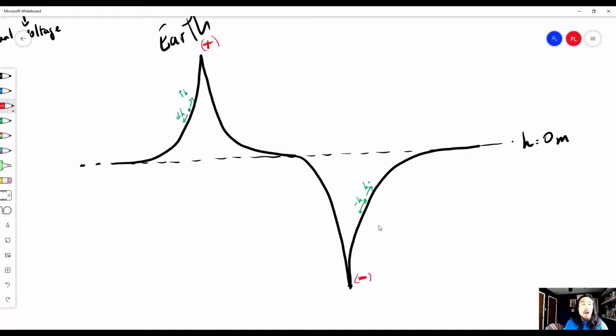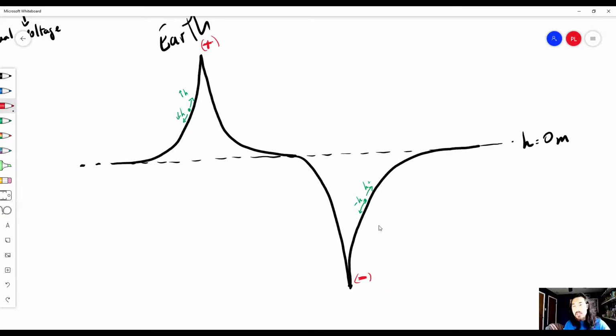And the change in the height will be the change in the voltage. So if we go up towards the peak, we will be going towards a positive charge, and that will be an increase in positive voltage. But if we were to go down into the valley, we'll be getting closer to the negative charge, and that'll be just like an increase in negative voltage.